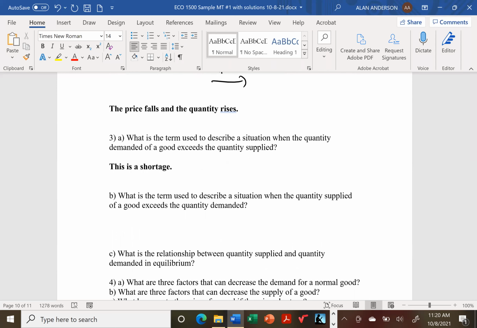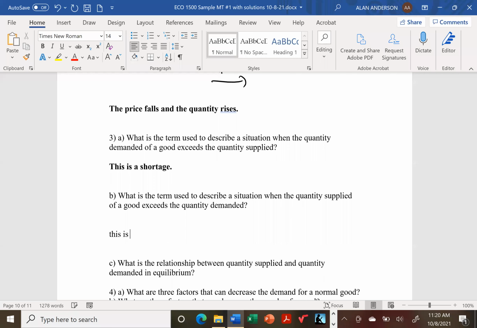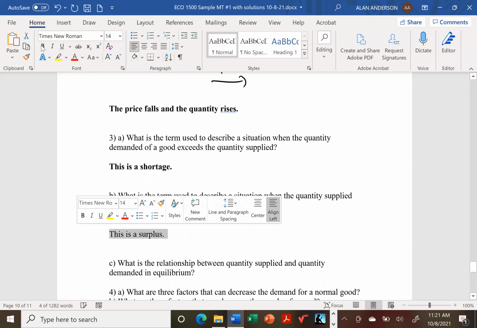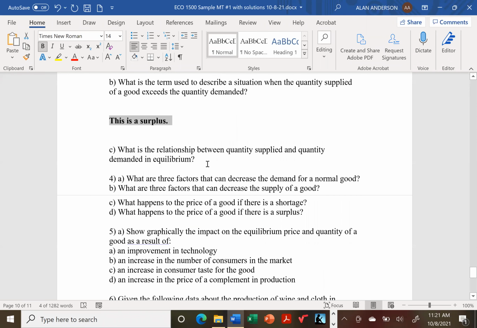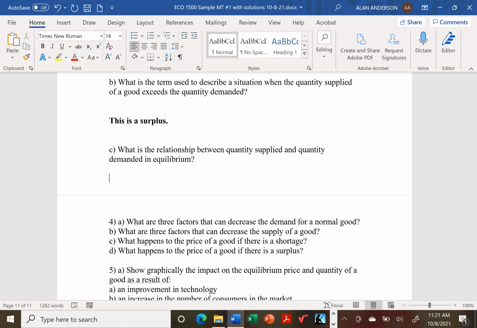When the quantity supplied is greater than the quantity demanded, this is a surplus. Means there's more being produced than people want to buy at that price. And what is the relationship between quantity supplied and demanded in equilibrium? In this case, quantity supplied equals quantity demanded.